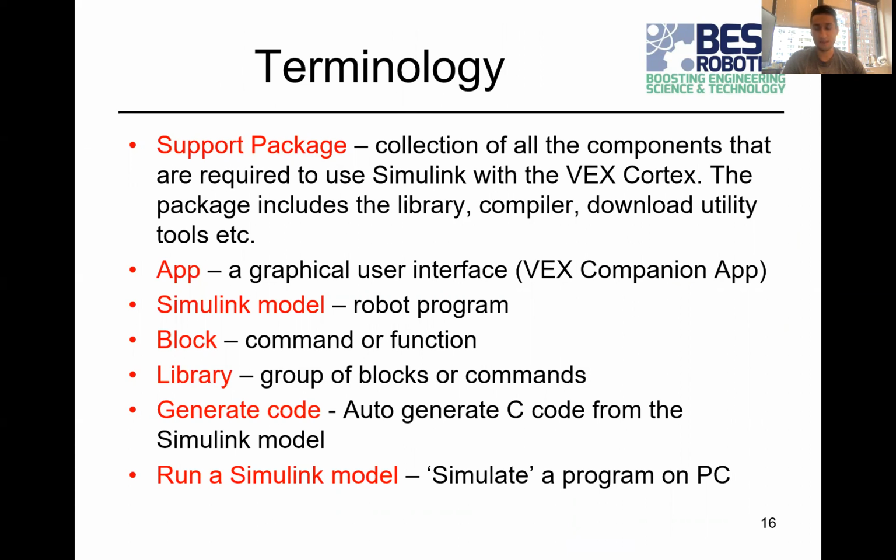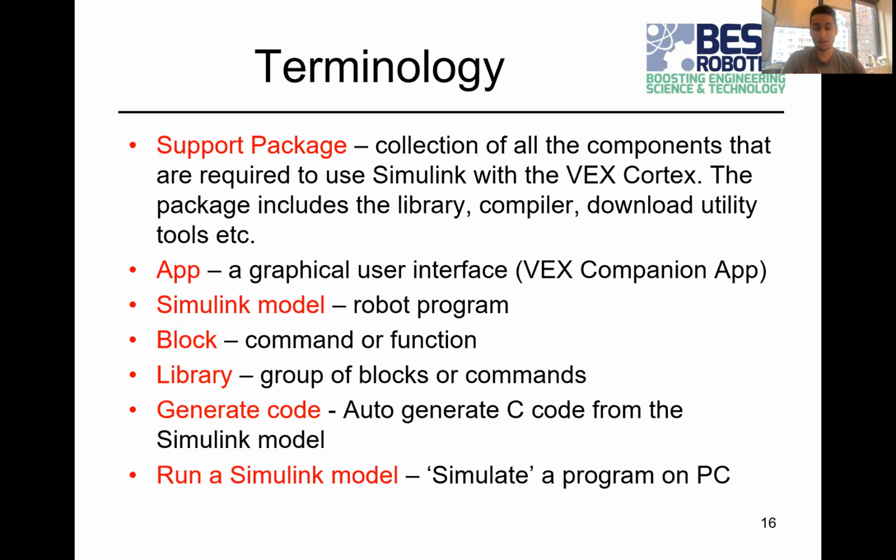Then Vex has a companion app on the side, which is like their graphical interface that lets you actually use the software. Now the Simulink model is whatever you create when you launch Simulink and save. Whatever robot program you're creating, that's essentially the Simulink save file that includes all of the blocks.